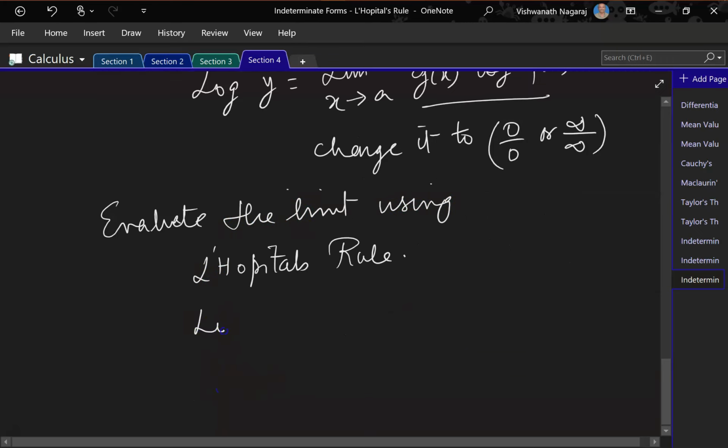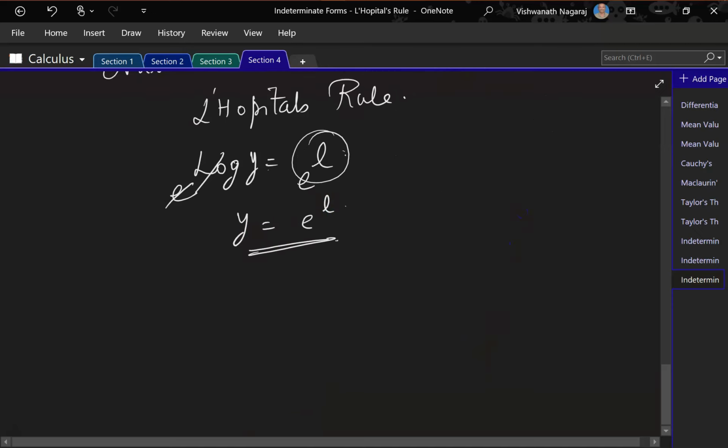Now remember, now we have log y is equal to L. This L has come by using L'Hopital's rule. Now how do I get rid of this log? Exponentiate it. So e to the power of both sides. Then e and log get cancelled out and we are left with y is equal to e to the power of L. So that would be the limit.